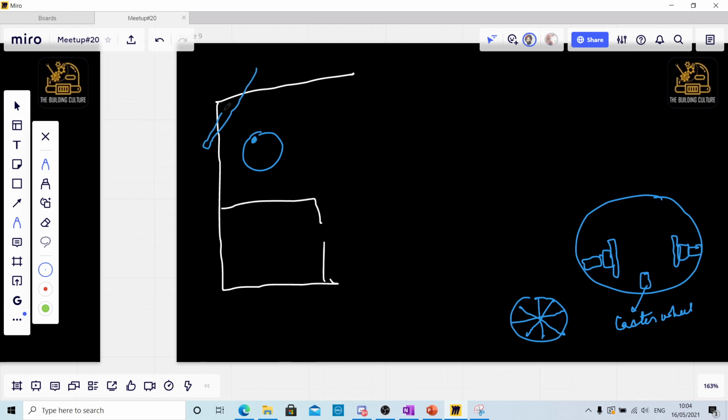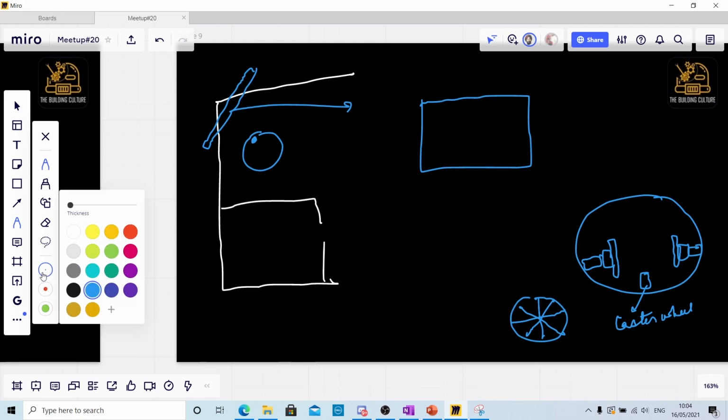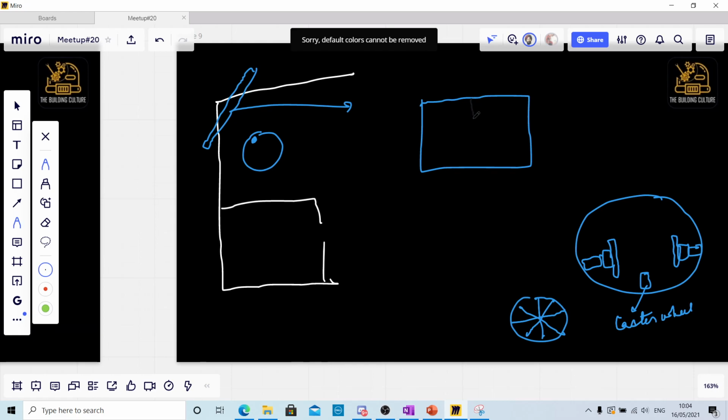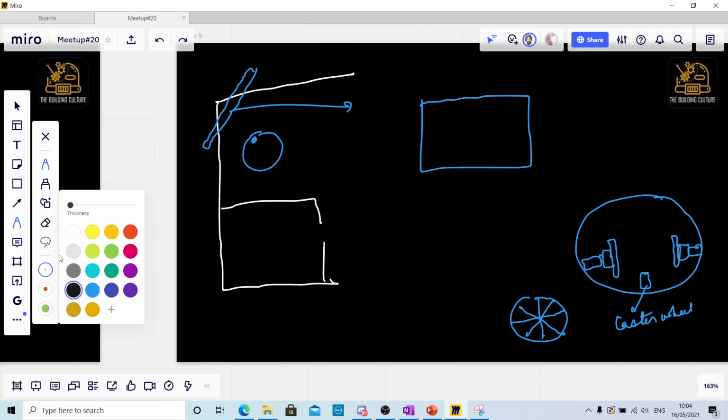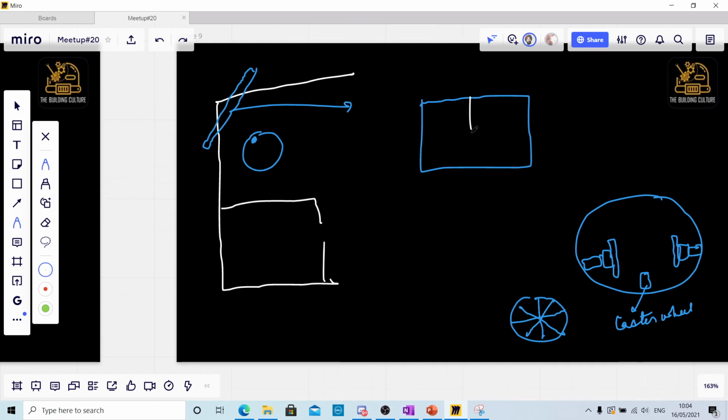So it maybe takes an image here, and the image might look something like this, because this is representing the corner, right?